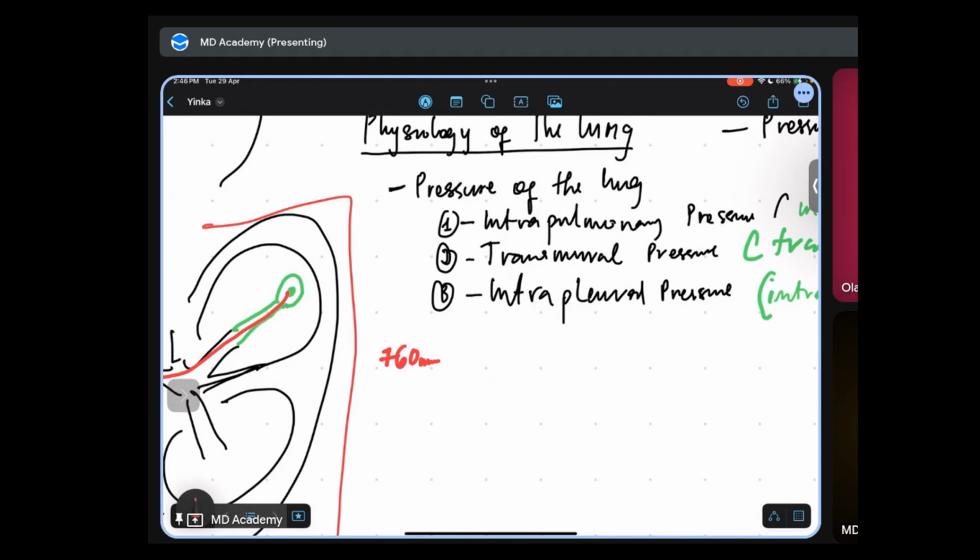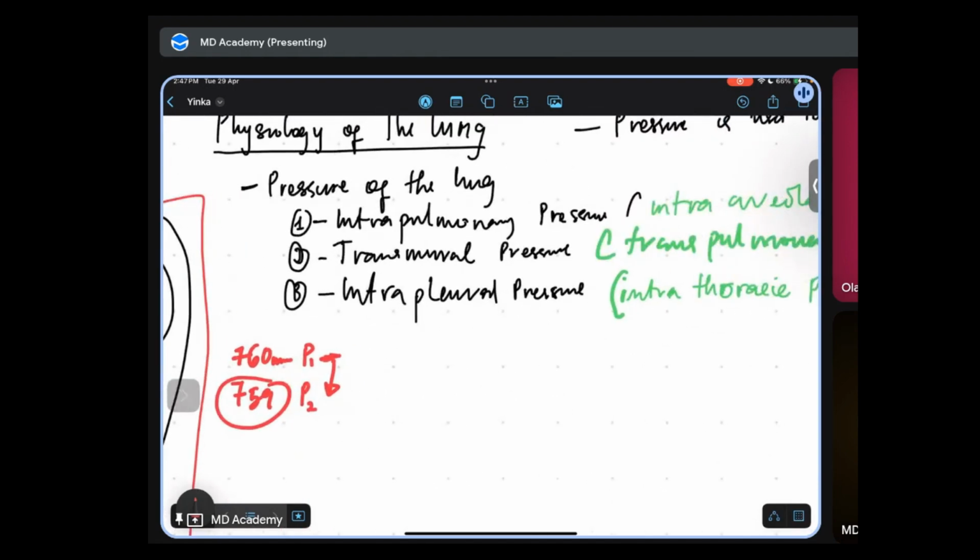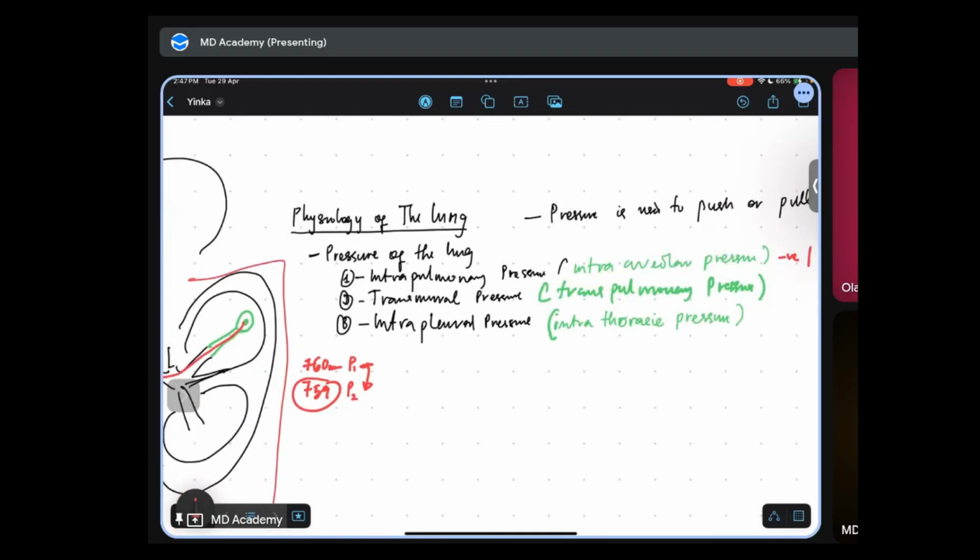If you have 759, that pressure is less than atmospheric pressure, and because of this, there will be a pressure difference between 1 and 2. Therefore, air would move from the outside of the lungs to the inside of the lungs. So all the lungs have to do is decrease the pressure in the lungs by just 1 unit, and air would glide from outside into the alveoli, and that is very useful, right? That helps for ventilation. Good.